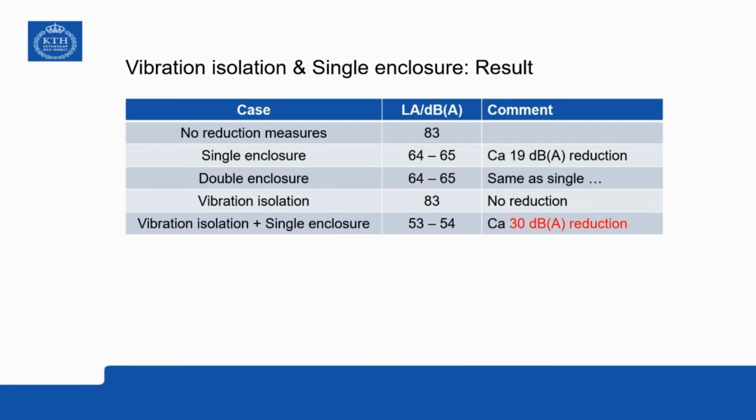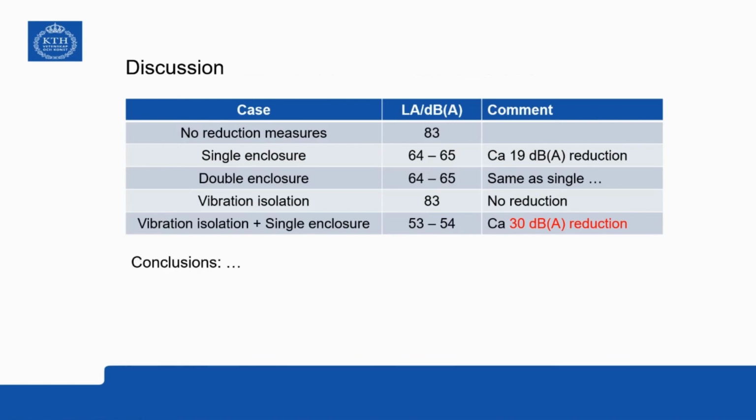So, a drastic improvement actually from the case with only a single enclosure. So now we have, roughly speaking, 30 dBA reduction in the A-weighted sound pressure level. So that's very good.